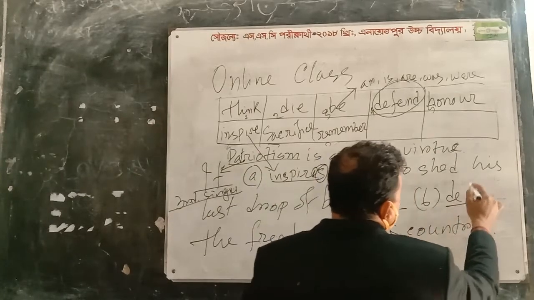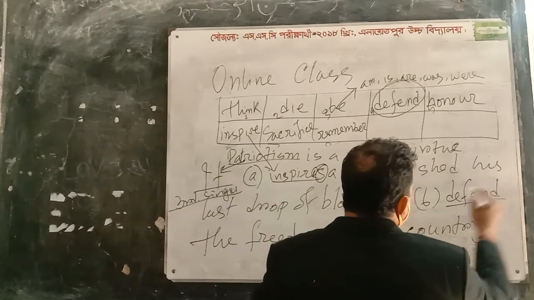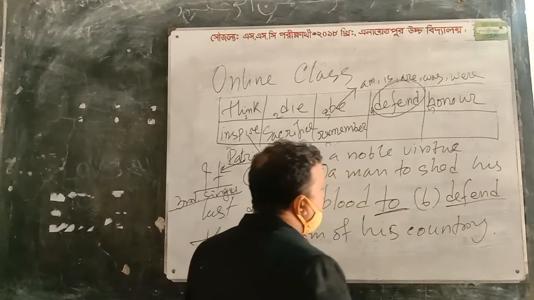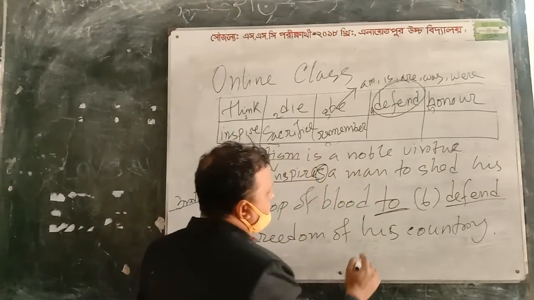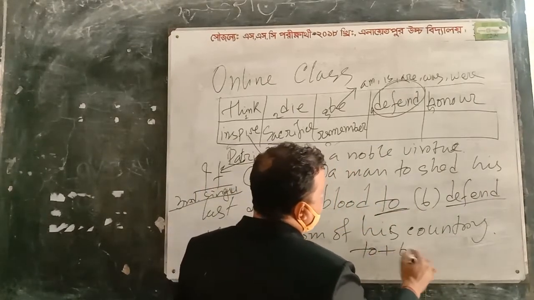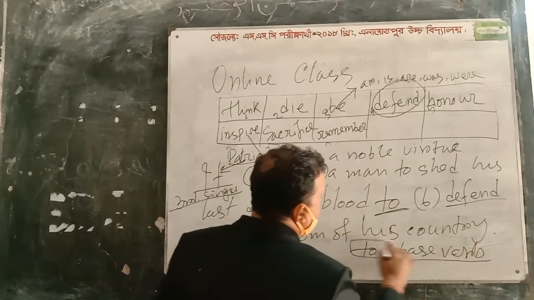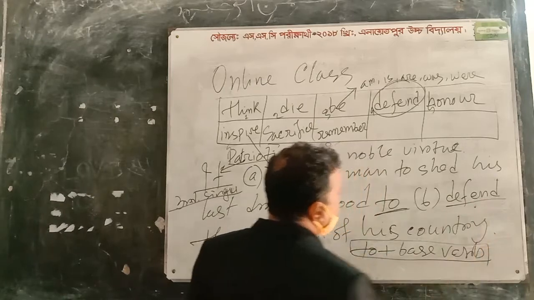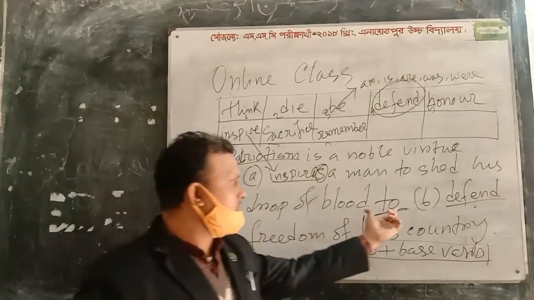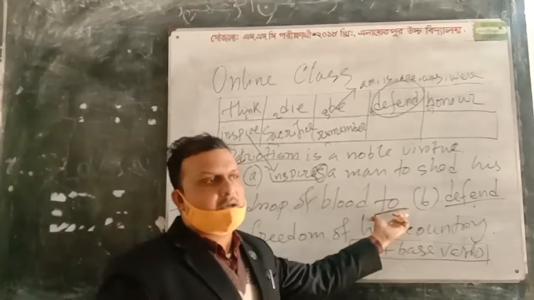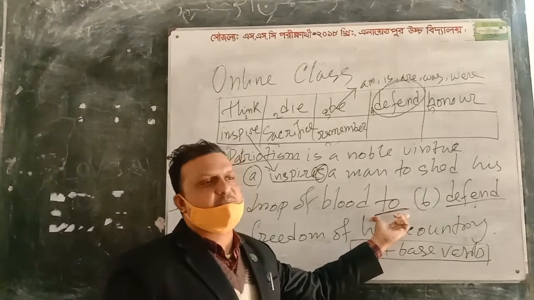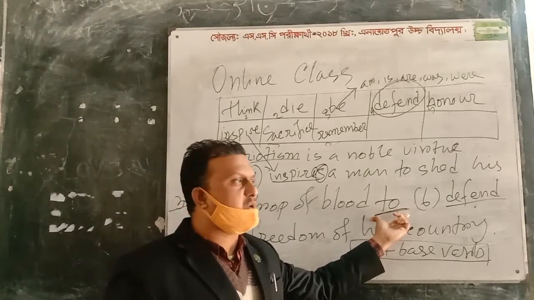To defend. We know if you see to, the structure is to plus base verb. So in this structure I can use defend as the base verb. So after to we can use the base form of verb. This is the correct use of verb.